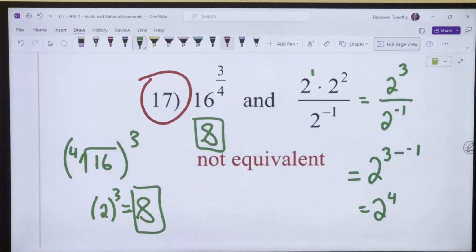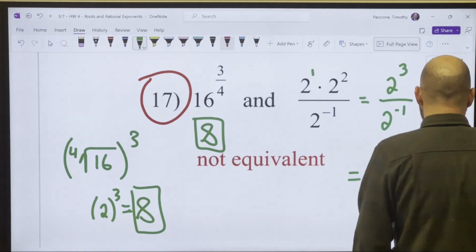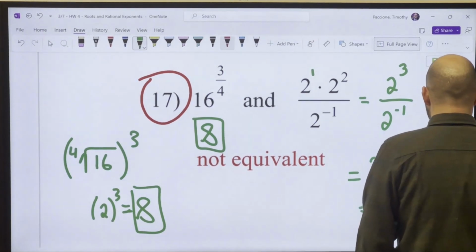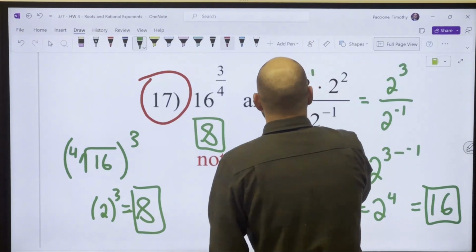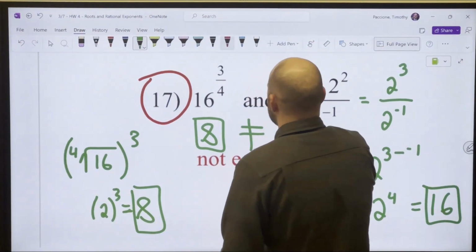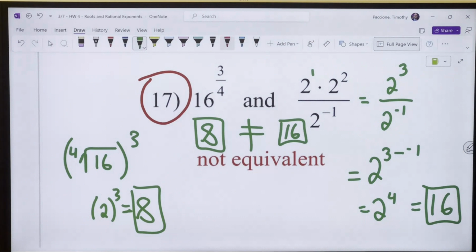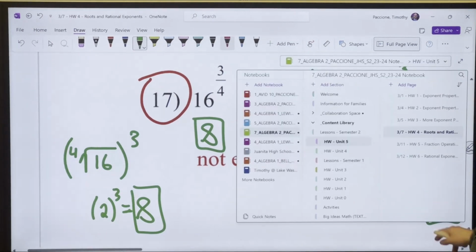Because it's minus minus, so you add. So it's 2 to the 4th, which is 16, which is not the same. So they're not equivalent. Okay, that was your process there. A little bit of everything. All right, homework number 5.